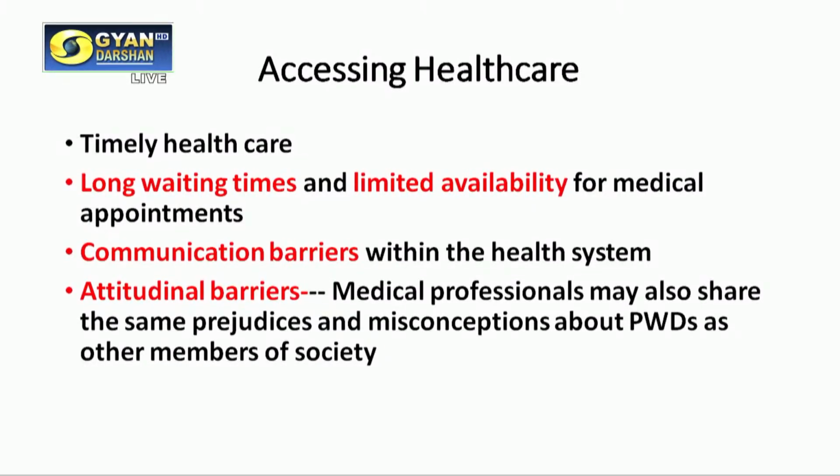We see long queues waiting for an appointment with a doctor. We see persons who have come from different parts of the country who have no place to stay. Very often they may be just trying somehow to stay in the vicinity so that they can get a medical appointment and so on. And because of this, very often persons with disabilities really avoid getting the kind of medical attention that they need, because just getting medical care can sometimes be such a challenging activity.